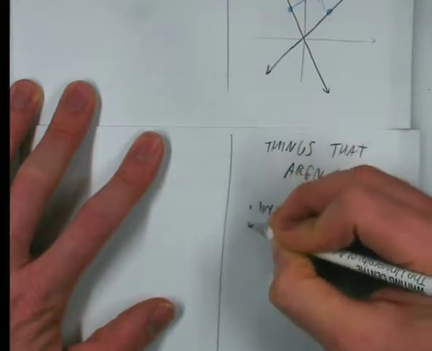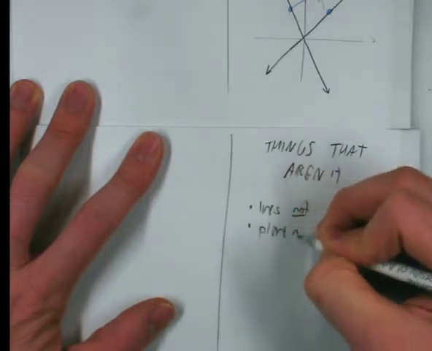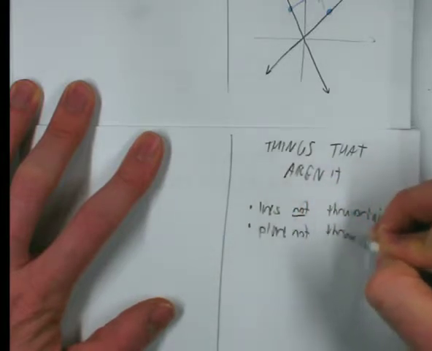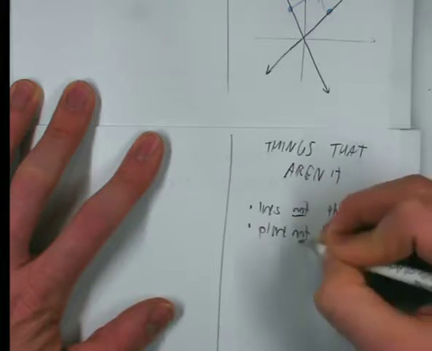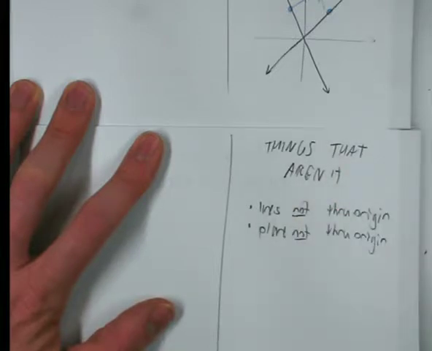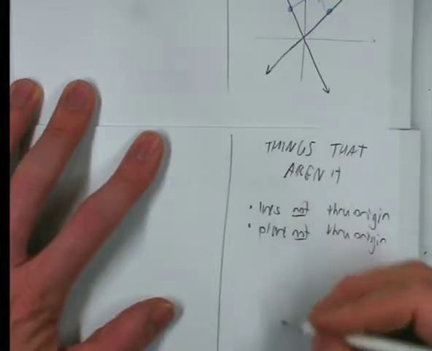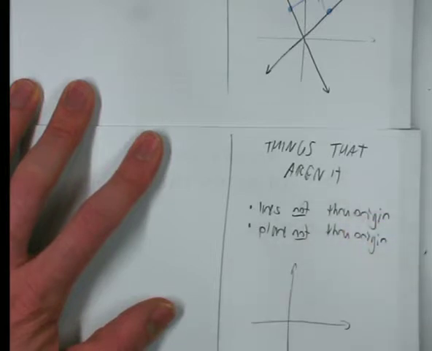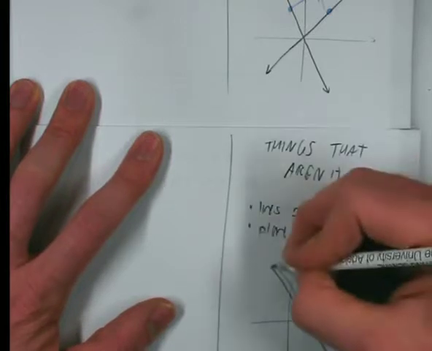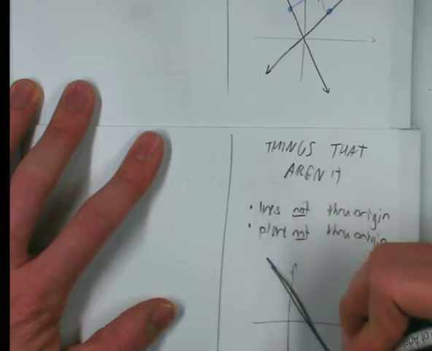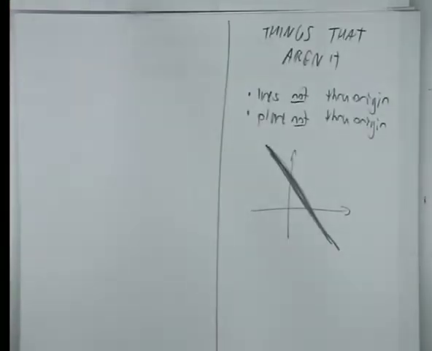So a line not through the origin, a plane not through the origin. Obviously, if it doesn't go through the origin, it's not a subspace. But I want to point out that a line not through the origin like this breaks all 3 of those rules.